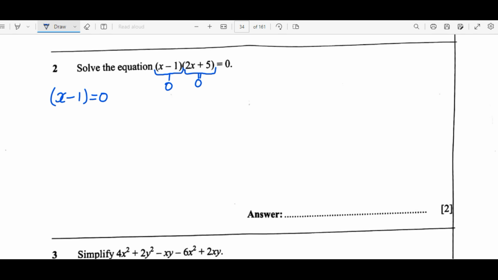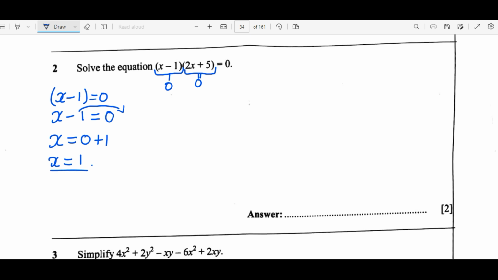Now how can we show this working? We say x - 1 = 0. Then we collect the like terms, where -1 will shift to this side and change into a positive sign. x = 0 + 1, so our first value of x is +1.